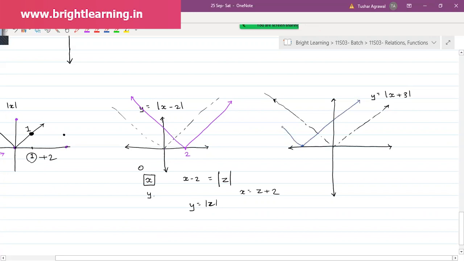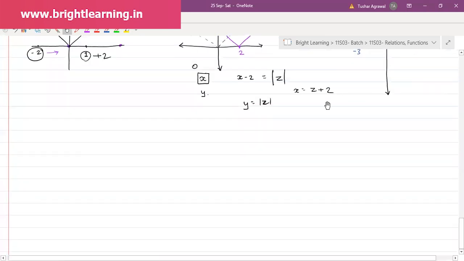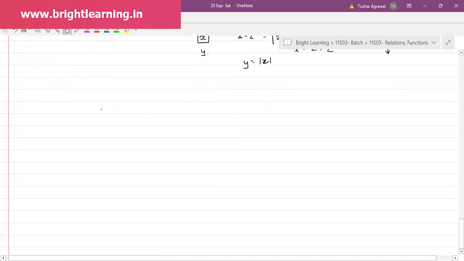Exactly the same, the V part which is there will have the same angle between them, no changes, it will just be shifted parallelly. See the graph of modulus of x plus 3. Okay, Dhananjay and Pujita. So now if I give you any complicated expression, any complicated graph.